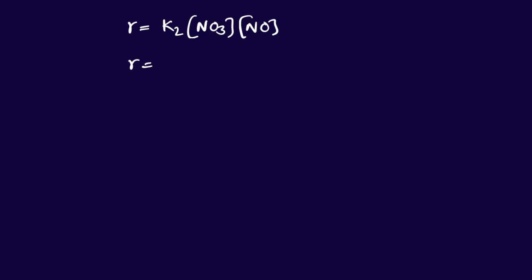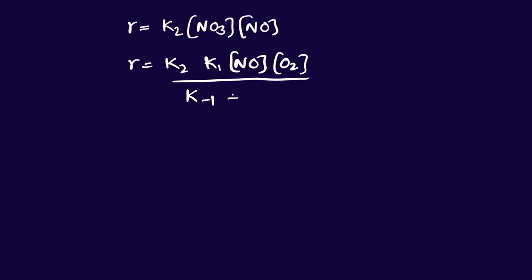The NO3 concentration we got from the previous equation is K1 NO concentration O2 concentration, with denominator K minus 1 plus K2 NO concentration.